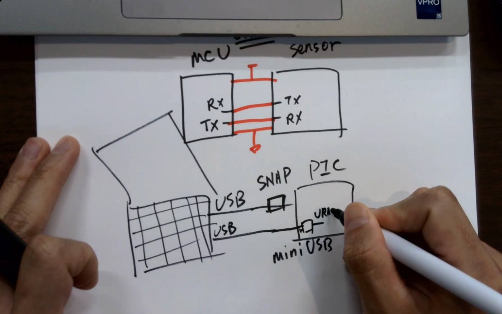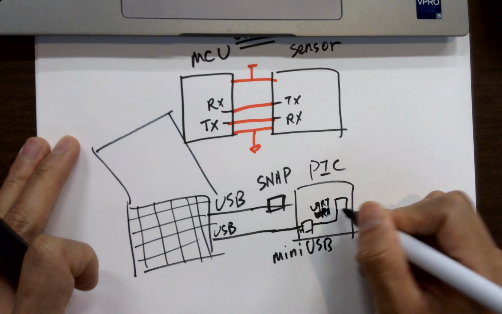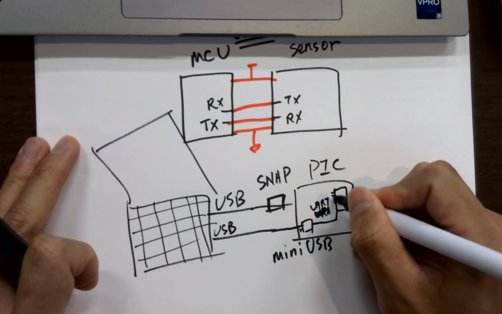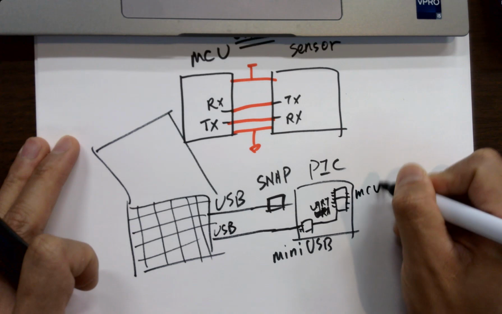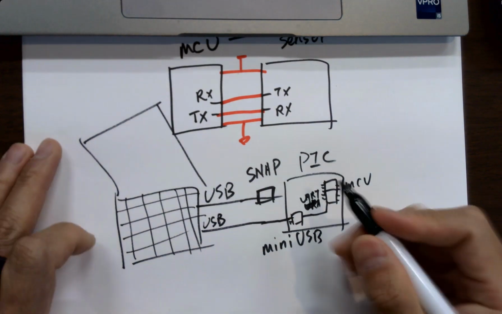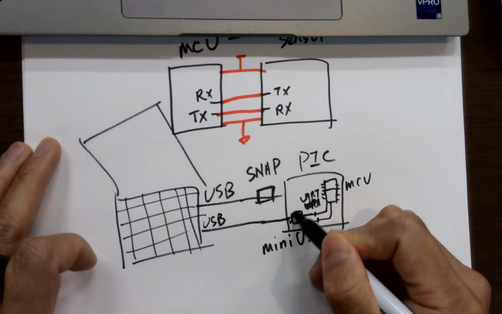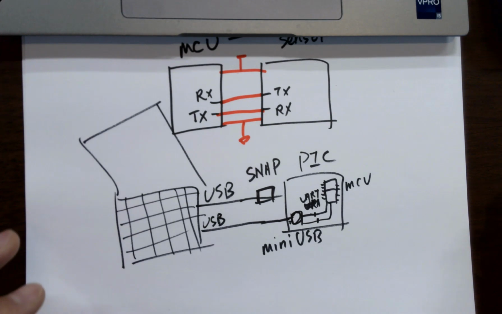Oh, UART. And then here's a chip, here's the microcontroller itself, right? That's the microcontroller itself. So in here, after this USB to UART converter chip, what do you expect?